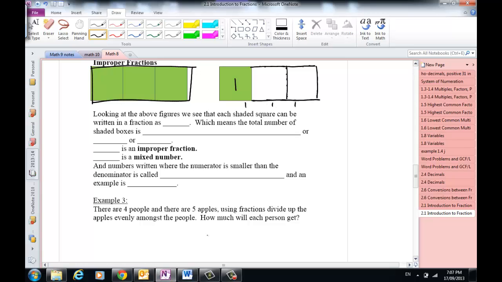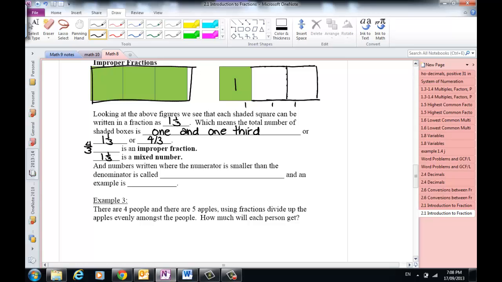And therefore we can say that I have 1 and 1/3 shaded. We can represent this by 1 and 1/3 or 4/3. 4/3 is an improper fraction where 1 and 1/3 is our mixed number.